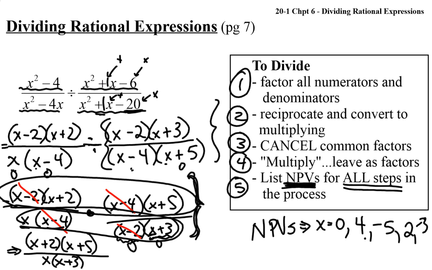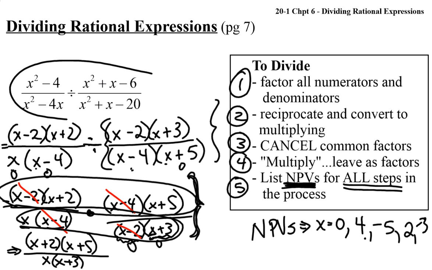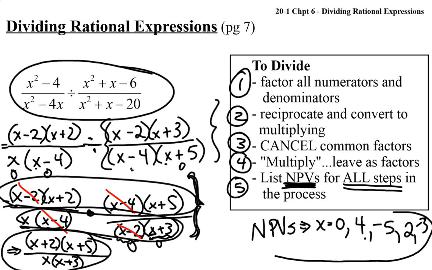So our initial question, x squared minus 4 over x squared minus 4x divided by x squared plus x minus 6 over x squared plus x minus 20, there's our final value. And that is acceptable as long as x does not equal 0, 4, negative 5, 2, or negative 3. There's the division process.